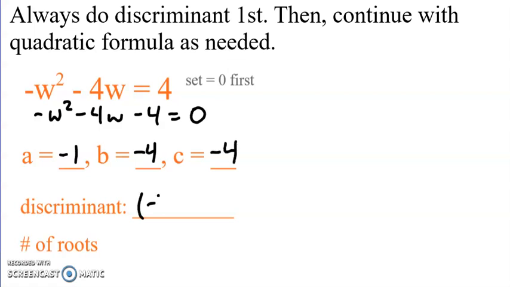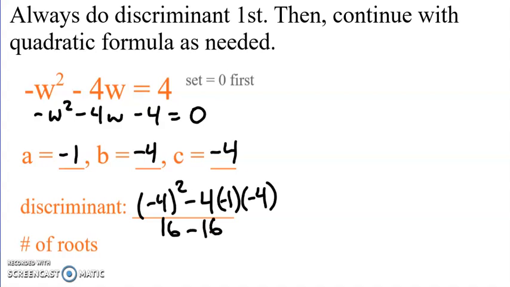Our discriminant, b squared minus 4 times a times c. So here we got a positive 16. Now we got negative times negative, which becomes positive, times another negative. And we get 16 minus 16, which is 0. So if we have a discriminant of 0, remember that gives us just one real root. So this is going to be a little easier to simplify.